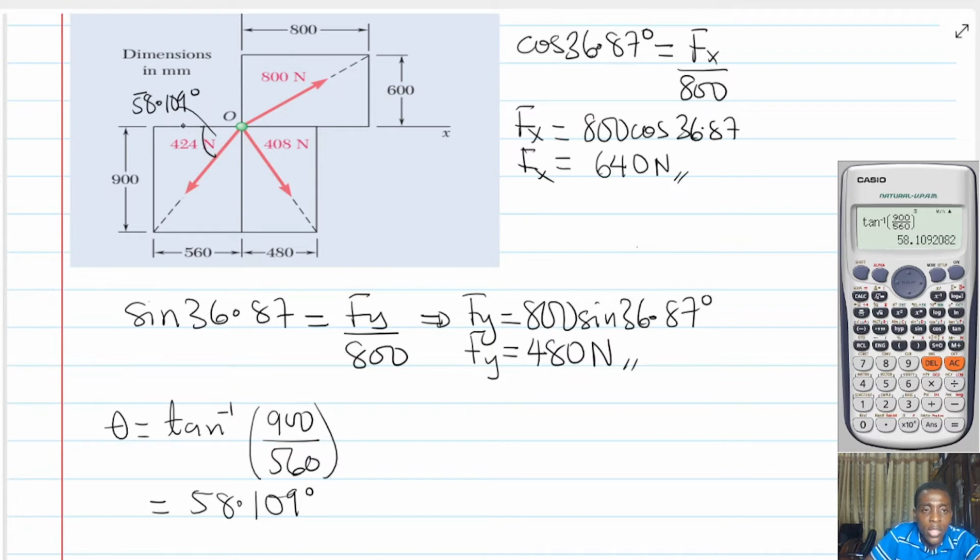We are going to resolve this along the x as well as the y. Now look at this very carefully. You see that the force is coming in this direction, and that's the reason why the x component is coming here and then the y component is going this way. In other words, if I want to move from here to here, it's the same as first of all moving from here and then coming down here.